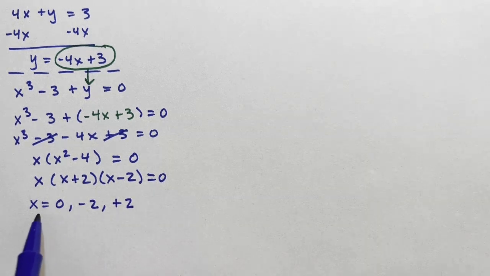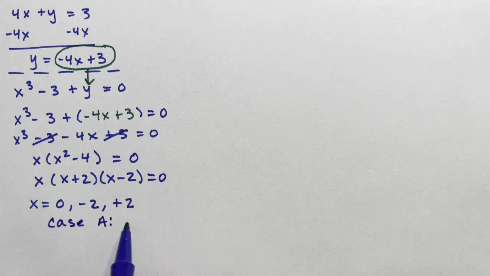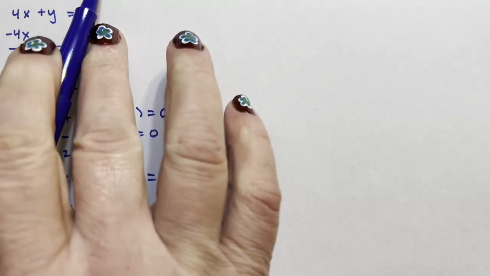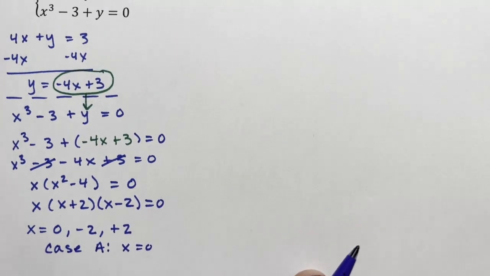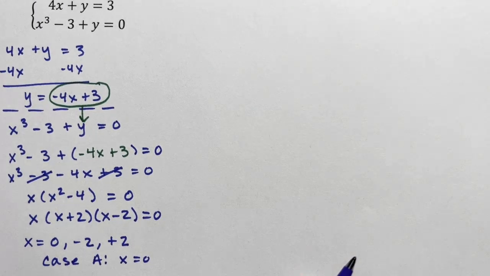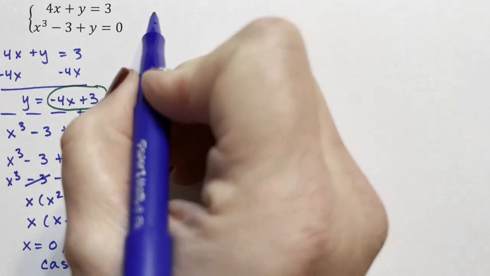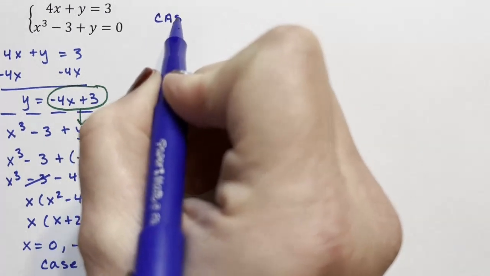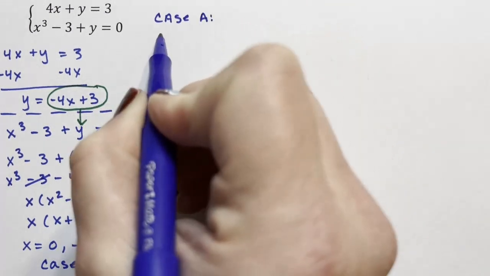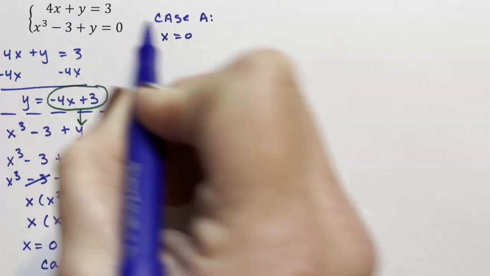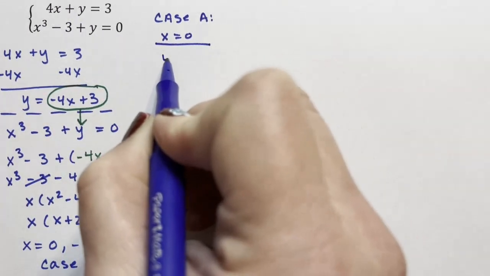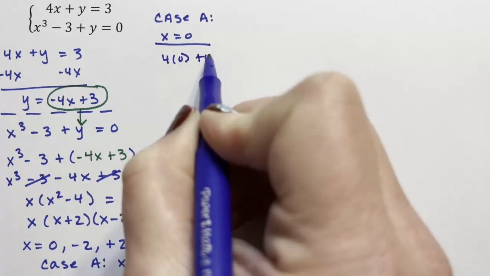If x equals 0, I'll come back up to my original equations and put it in. Case A, x equals 0. If x equals 0, I have 4 times 0 plus y equals 3.